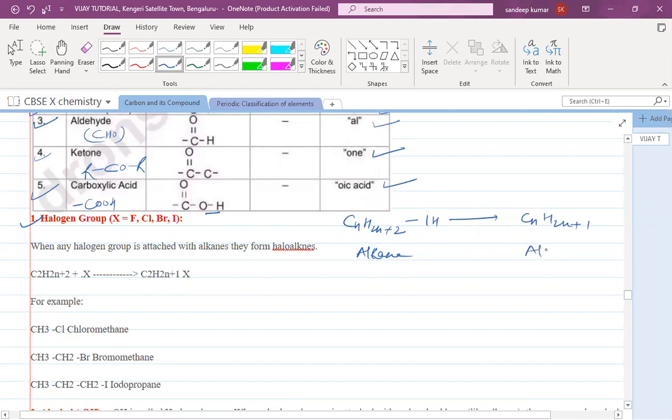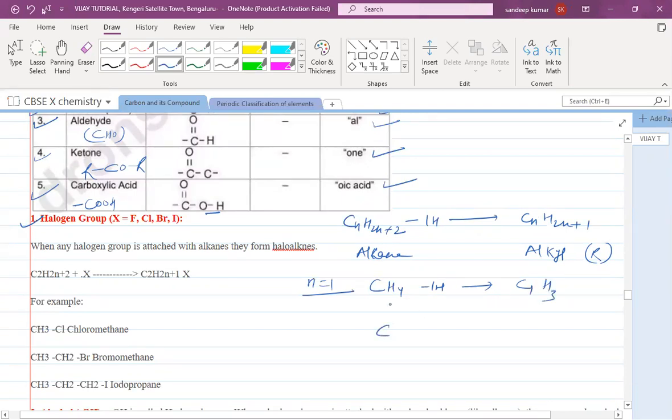This is called an alkyl group, generally represented as R. For example, if n is 1, CnH2n+2 gives CH4. One hydrogen is lost, so the formula CnH2n+1 gives CH3.